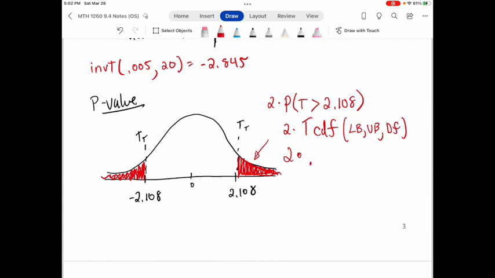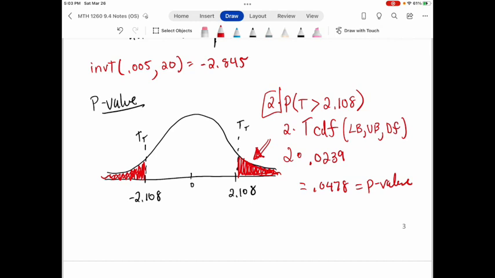When you find your value for your TCDF, that's going to give you the probability of just one wing. And what you get is 0.0239. And when I multiply that by 2, you're going to get a p-value that is 0.0478.